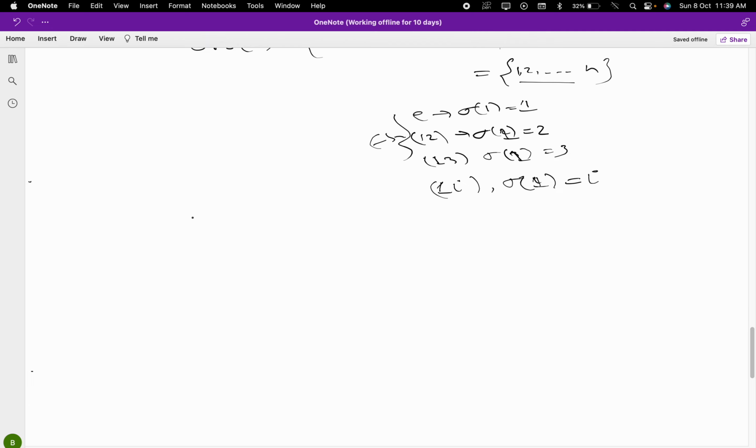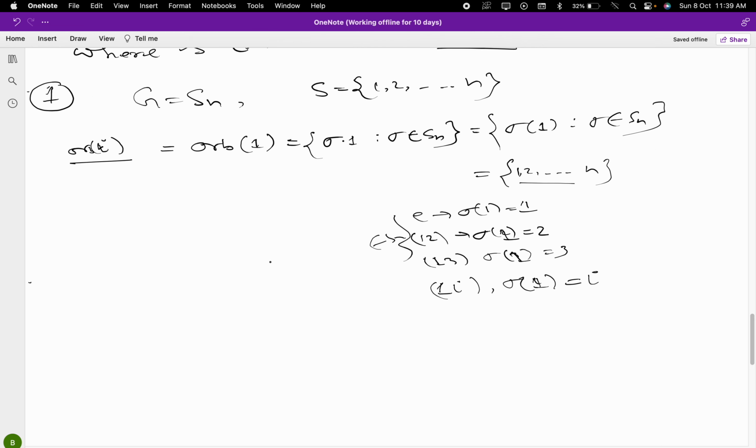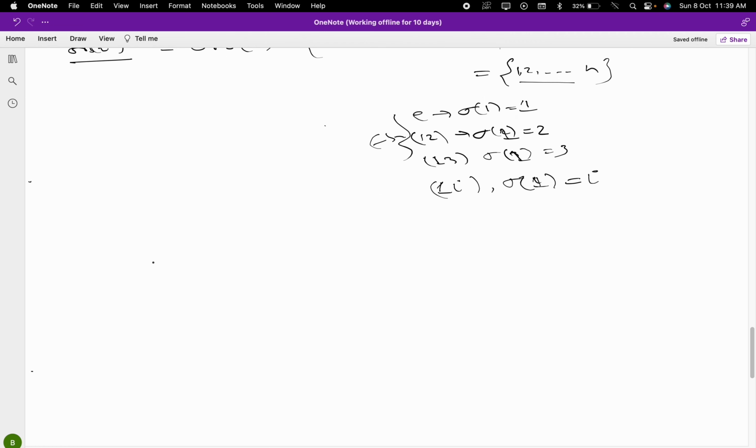Not only for 1, it will be the orbit of any i, where i is an element of S. So, taking the group S3, what are the elements of S3?